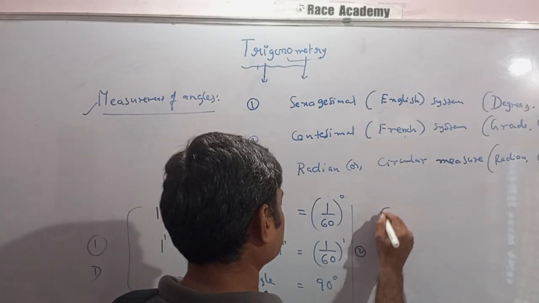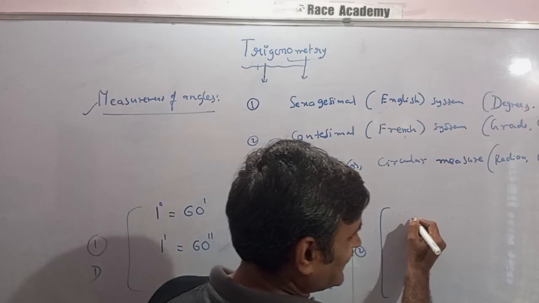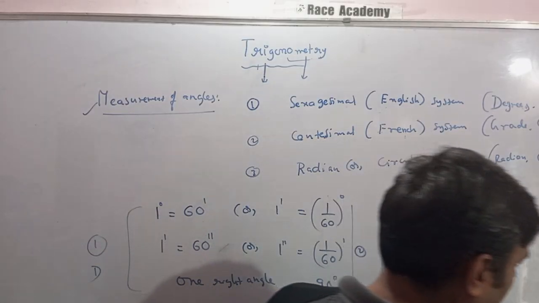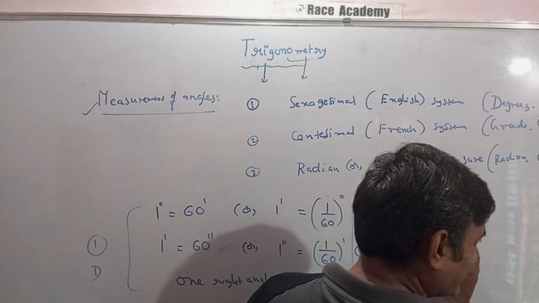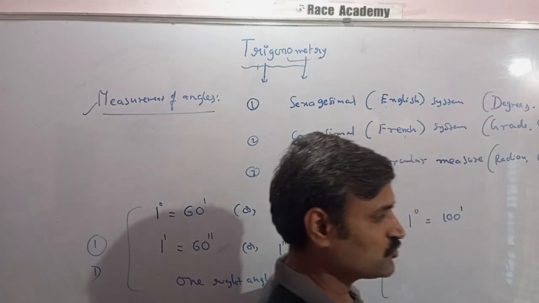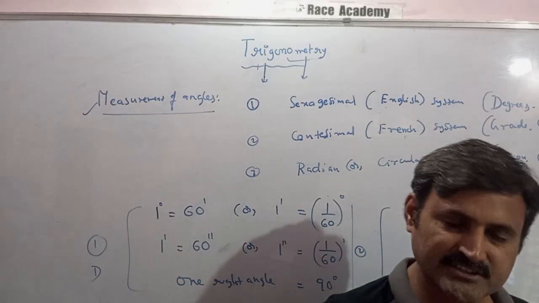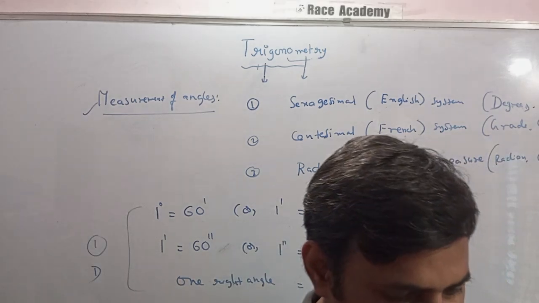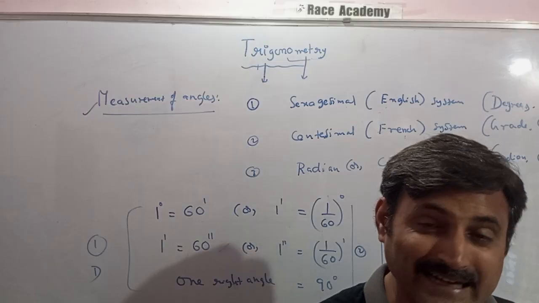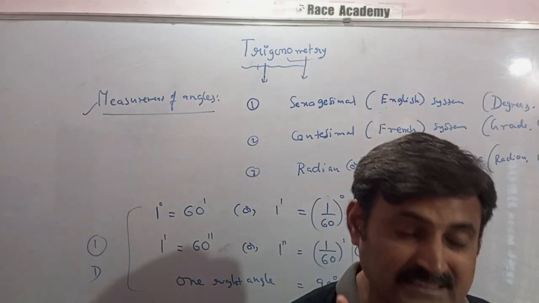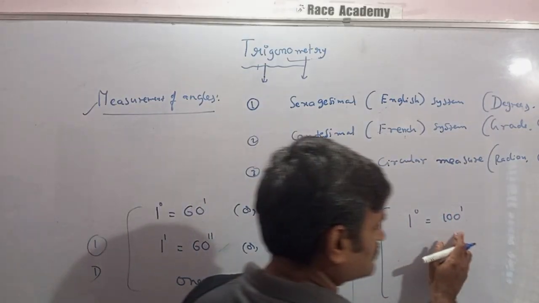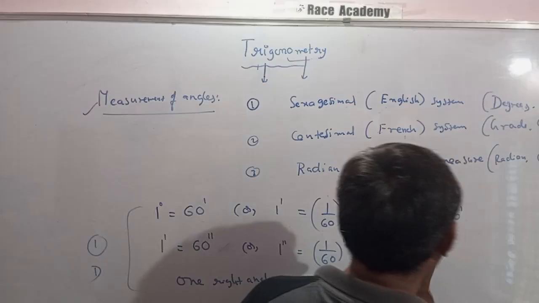That means 1 grade is equal to 100 minutes. What is the meaning of this? A grade is divided into 100 equal parts. Each part is called a minute, which is denoted like this. 1 G.